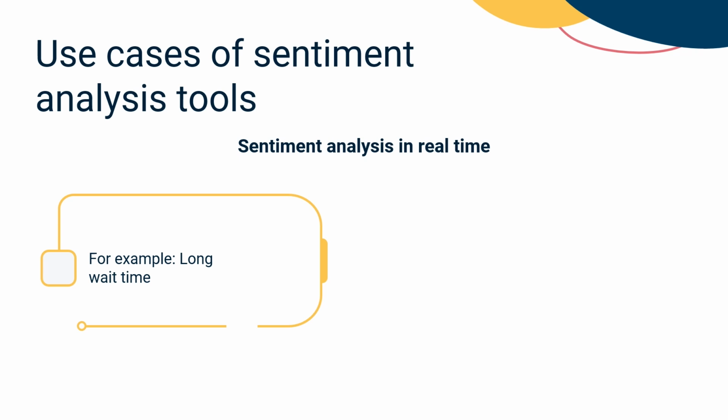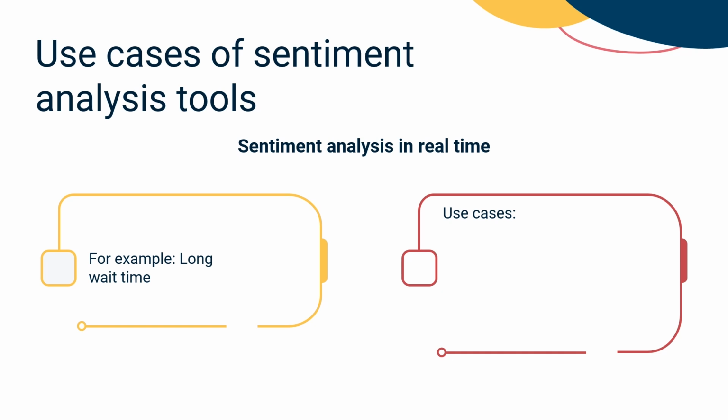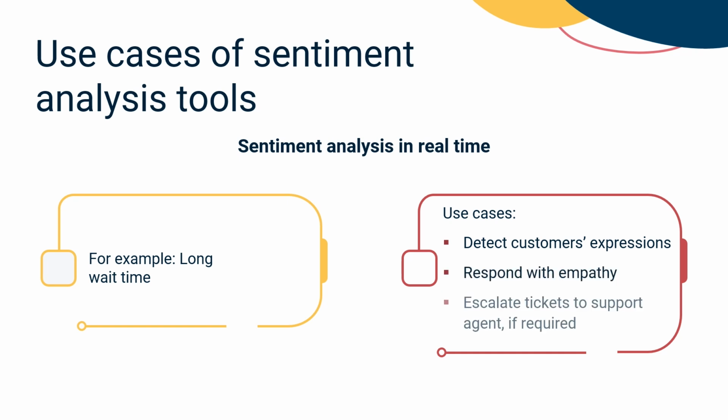For example, a customer is irritated with the long waiting time while connected with customer support. Here, generative AI chatbots or voice assistants can detect customers' expressions, such as anger or frustration, in real time and respond with empathy, or escalate tickets to the support agents if required.